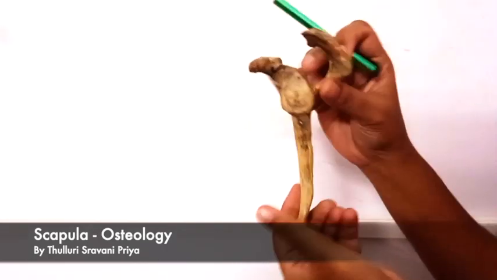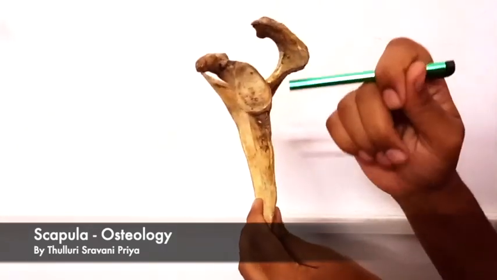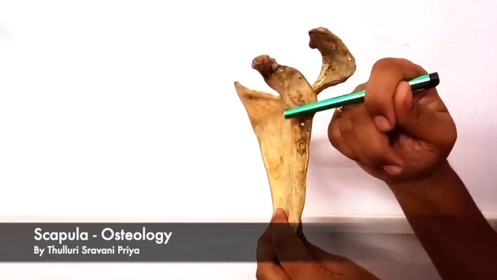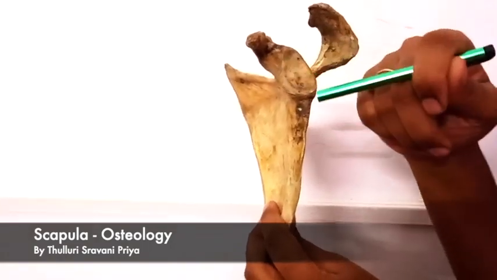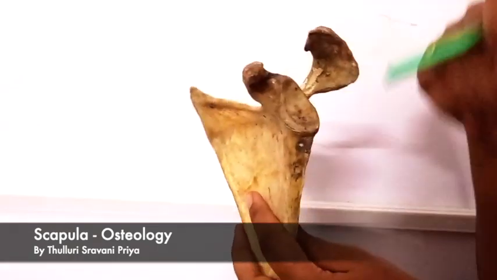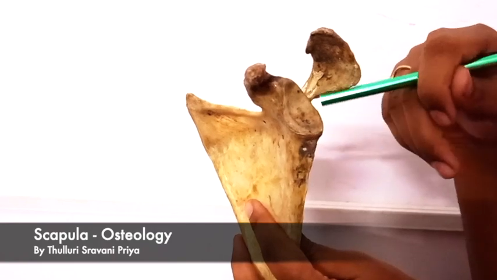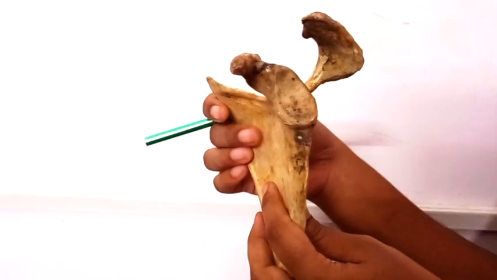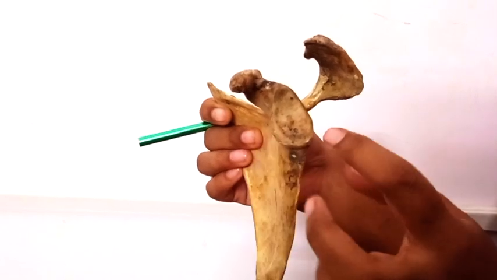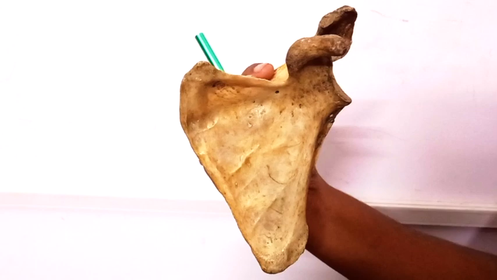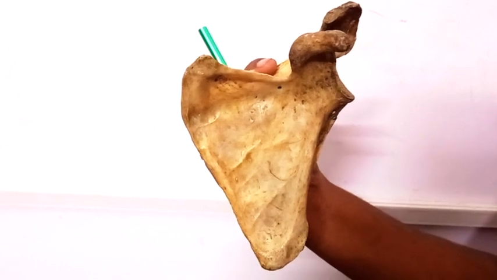This lateral angle is also known as the glenoidal angle. It bears a glenoid cavity which is pear shaped and wider below. This glenoid cavity at its margins is covered by white fibrocartilage and it gives an attachment to the articular disc.